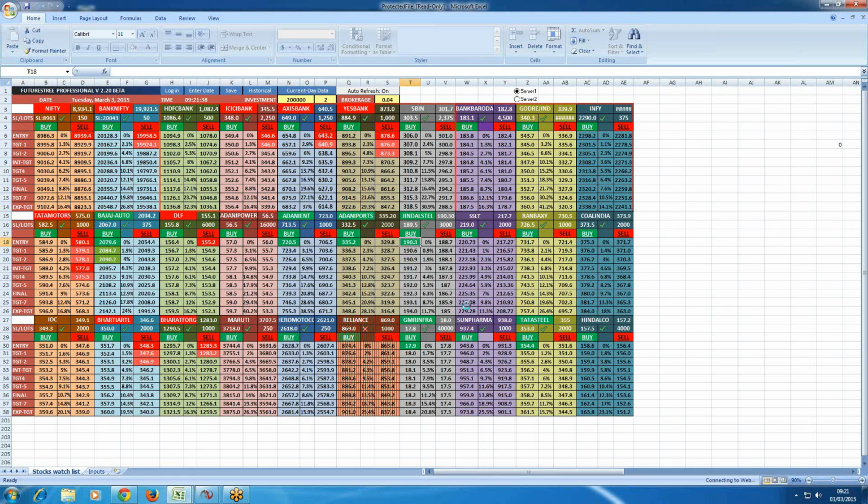We have Tata Steel buy call. We have Jindal also as a buy call. Now in place of Bajaj Auto, let's say I don't want to trade on Bajaj Auto, because it's already a gap up. So what I will do is I will change that to JSW Steel.